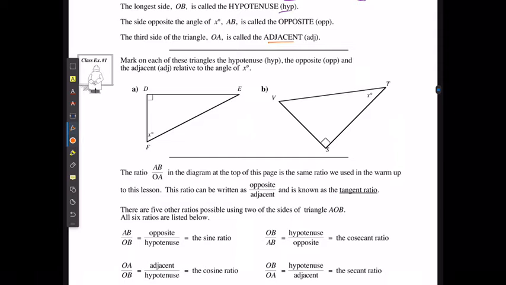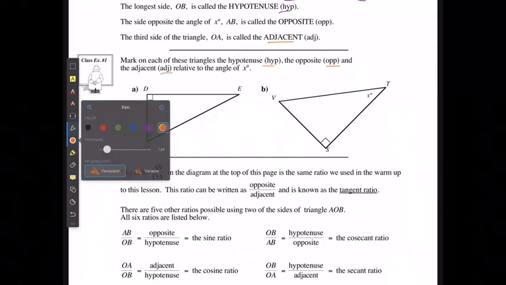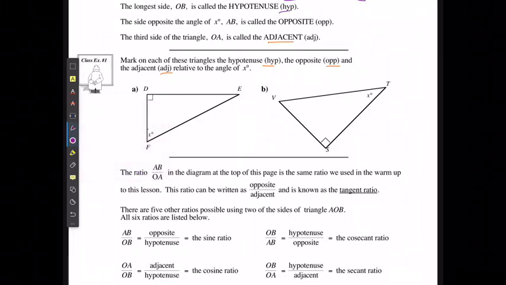So if I look at example 1, it wants us to state the hypotenuse, the opposite, and the adjacent. Well, one of them is never going to change. The longest side, no matter where x is, is always going to be the hypotenuse. The other side length that touches x is always going to be the adjacent.